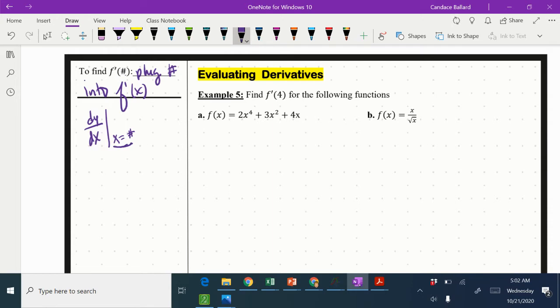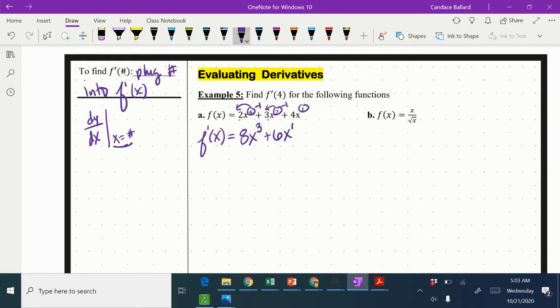So we're going to take the derivative first, using the power rule. f prime of x equals, I bring the 4 to the front and multiply 2 times 4, I get 8. I subtract 1 off the exponent, I get 3. Then I bring the power 3 to the front and multiply it by 2, so 6x, and I subtract 1 to get the first power.